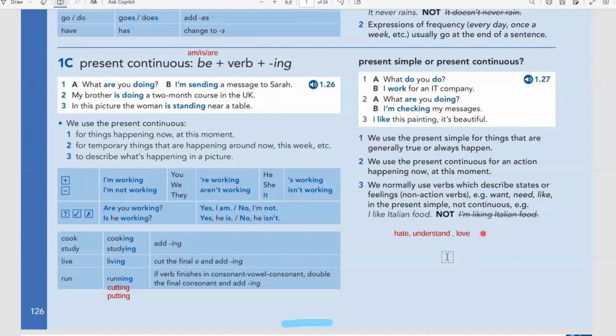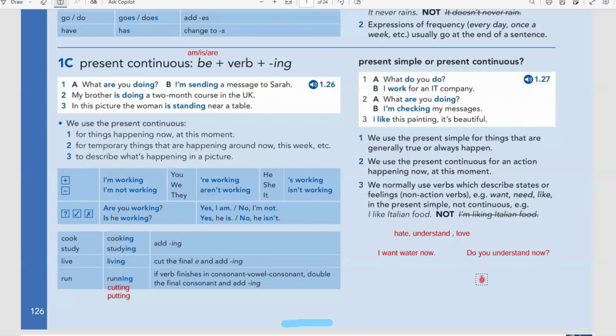So when you want to use, even if I say now, like I want water now. I want water now. You see? Usually when I say now, I must use present continuous. But I cannot use present continuous with want because want is not an action verb. It is a non-action verb. Or like, do you understand now? Look. Do you understand now? You see?